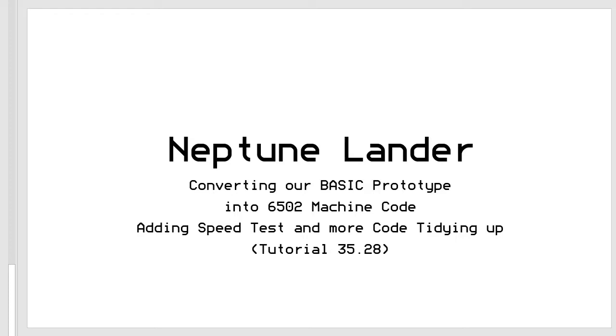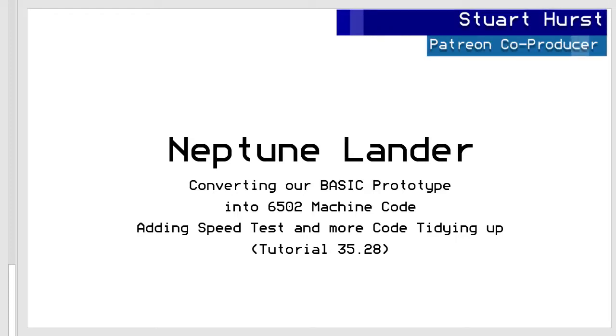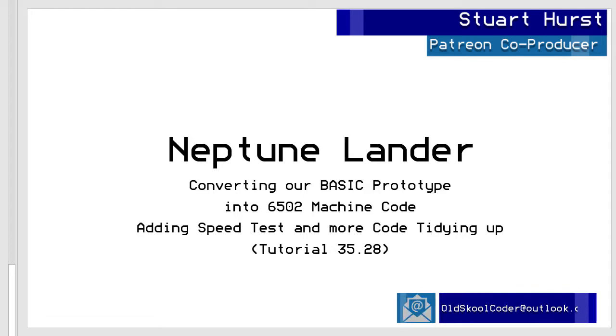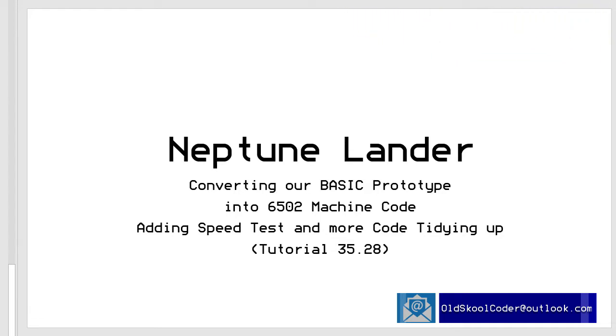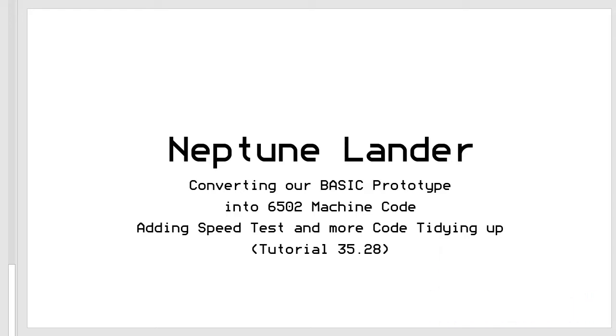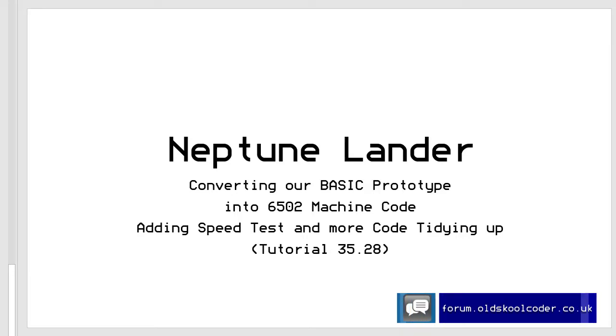In this episode, we're going to add the speed test for landing. And hopefully we'll do some more code tidying up, because I was editing a video, I can't remember which one it was now, and I was thinking, John, why are you doing that? So we need to tidy that bit up as well, and that could be the second part of this video.